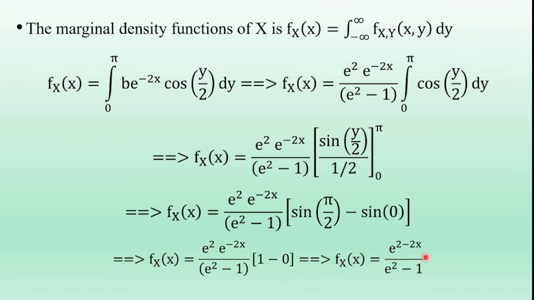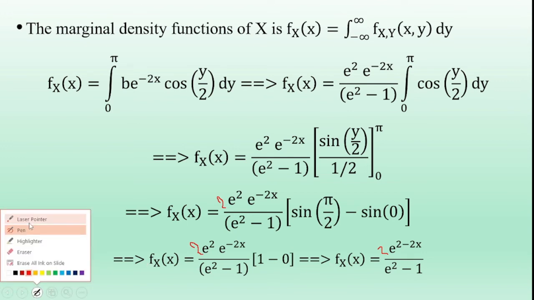So 2 into e power 2 minus 2x. Here the 1 by 2 is coming to the numerator as 2. So 2 into e power 2 minus 2x by e square minus 1. So this is the marginal density function of random variable x.